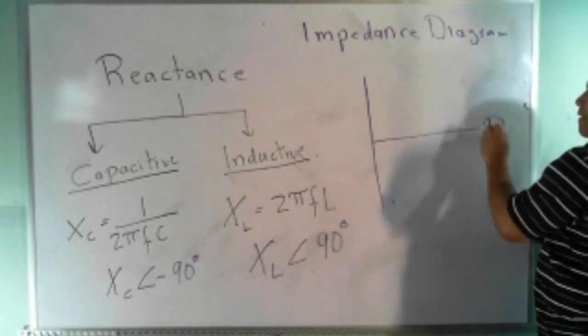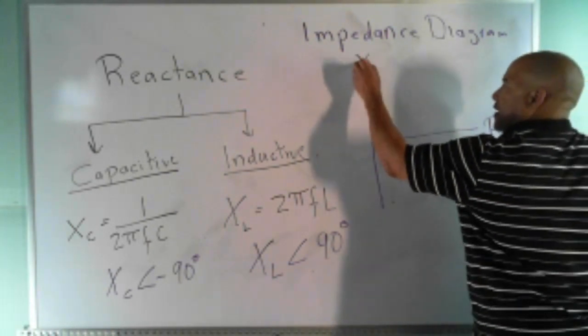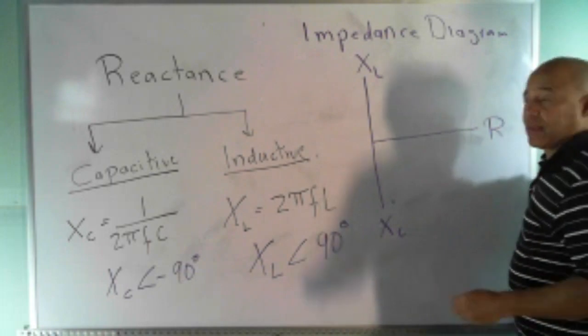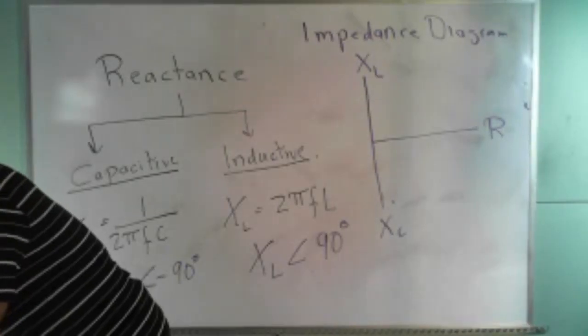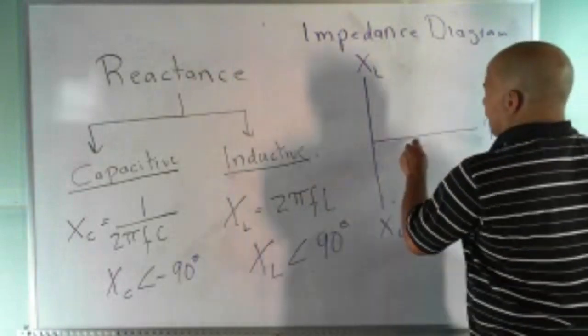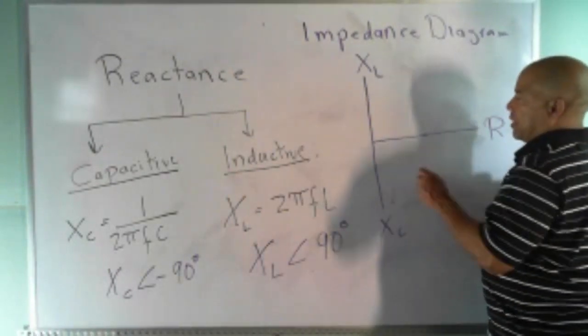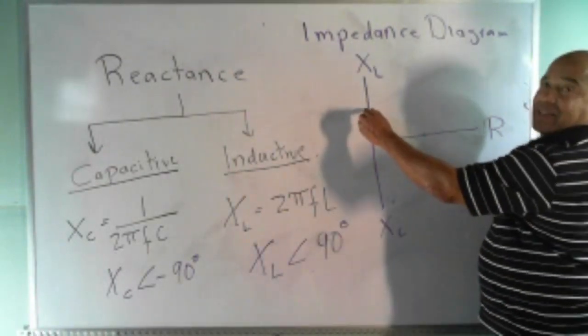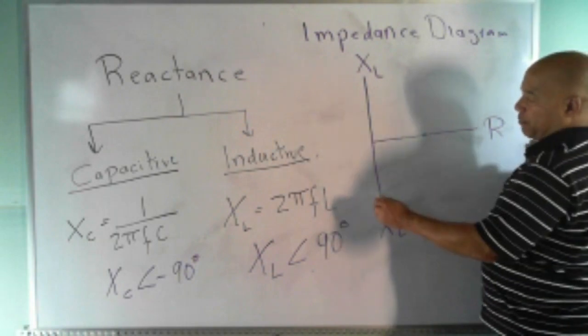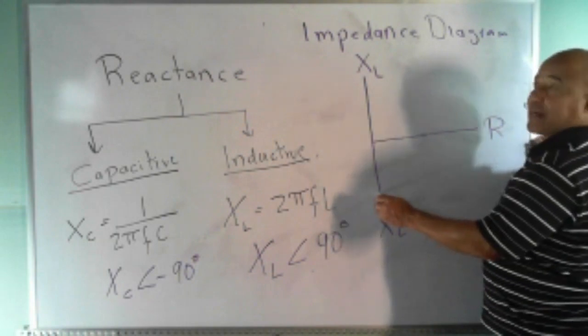This is R, this is XL, and down here, XC. So if I have a number on either axis, if I have a number here, I know that's resistance. If I have a number here, I know it's inductive reactance. And if I have a number here, it's capacitive reactance.